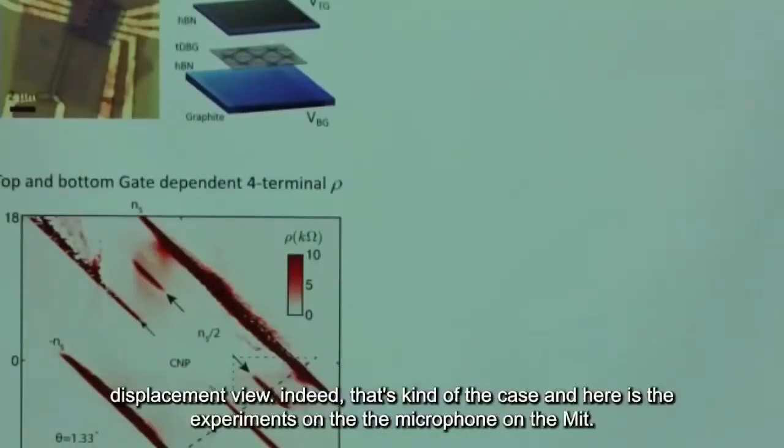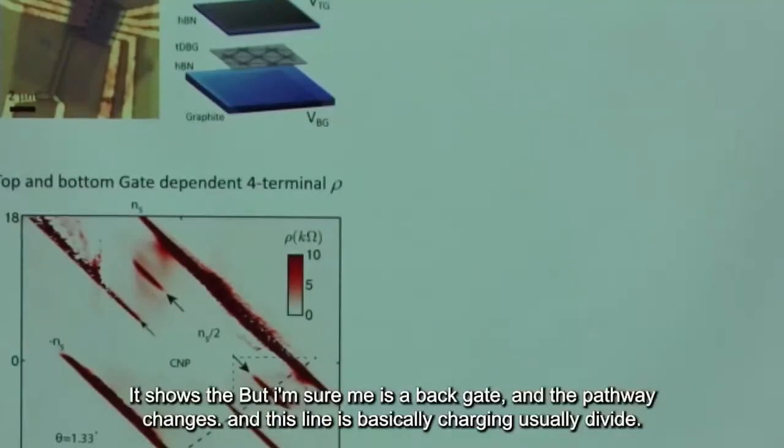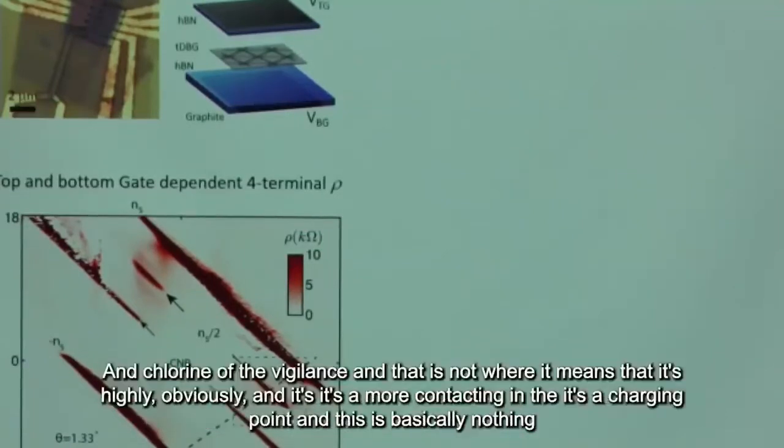Indeed, that's the case, and here the experiments were done at Berkeley as well as similar results from MIT. It shows basically similar things, but I'm showing you the back gate and the top gate changes, and this line is basically the charge neutrality line. I'm plotting the resistance, and dark red means highly resistive, and it's more conducting at the charge neutrality point.